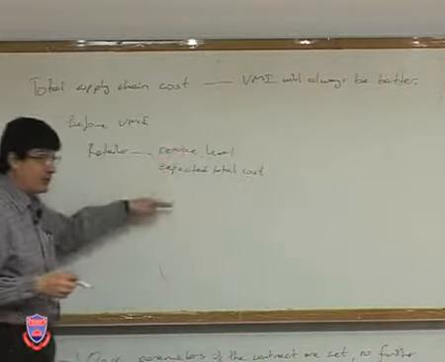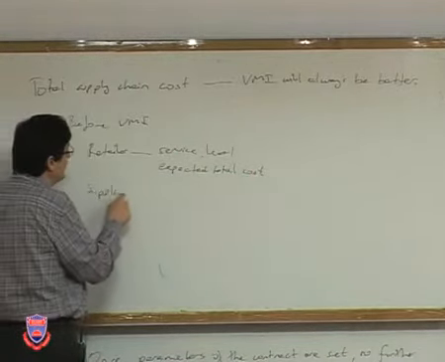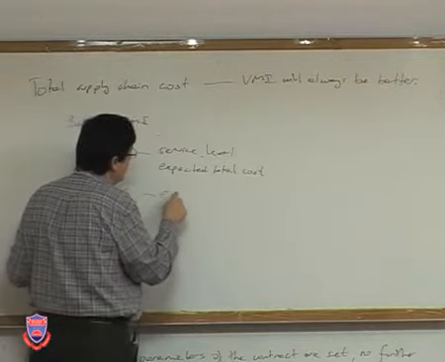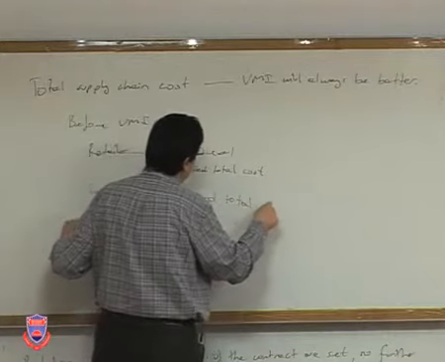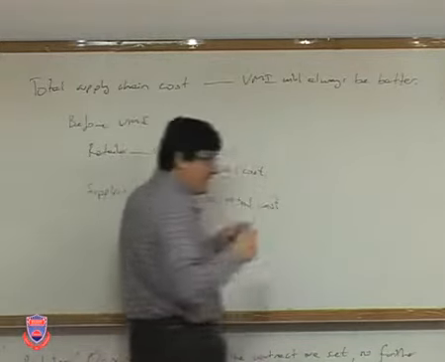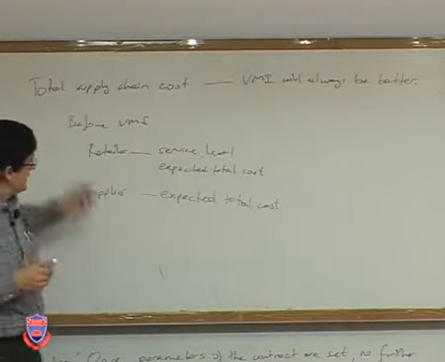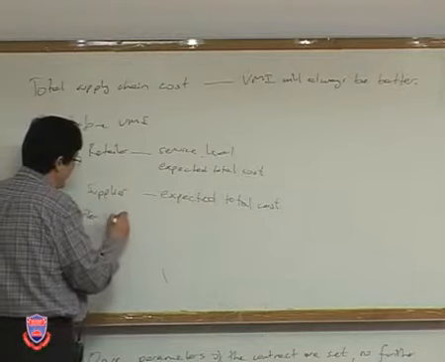This is before VMI, and the supplier had similarly some expected total cost. Now the issue is what happens after VMI.